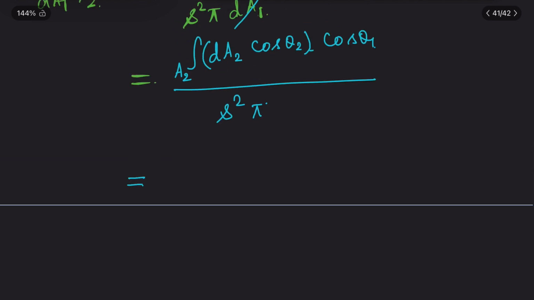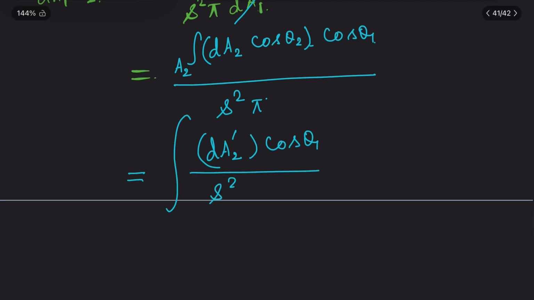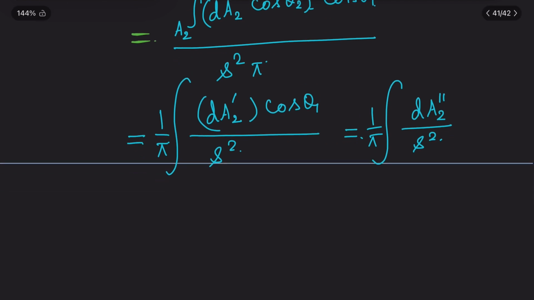Now tell me, what is this? dA2 cos theta 2, I write it as dA2 dash, and I take this a square inside the integral and finally write it as a square into 1 by pi. Also I can write dA2 dash into cos theta 1 as dA2 double dash.